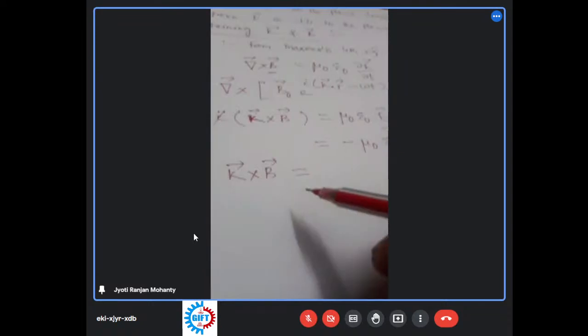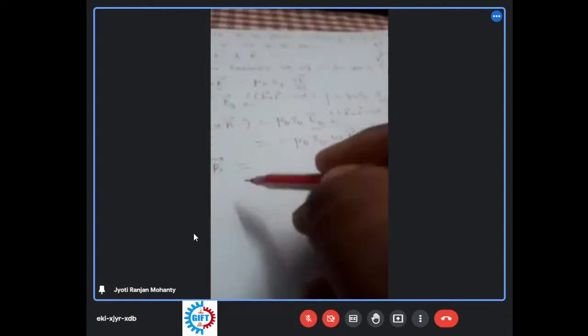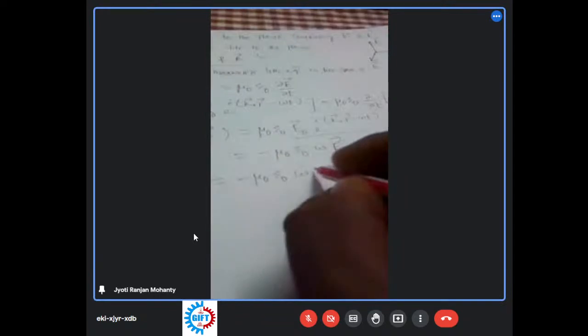K वेक्टर क्रॉस B वेक्टर राइट हैंड साइड में क्या है, बताओ गुप्तेश्वर? व्हाट इज द राइट हैंड साइड? अरे इट इज रिटन हियर। Minus mu naught epsilon naught omega E vector. So this is our conclusion.